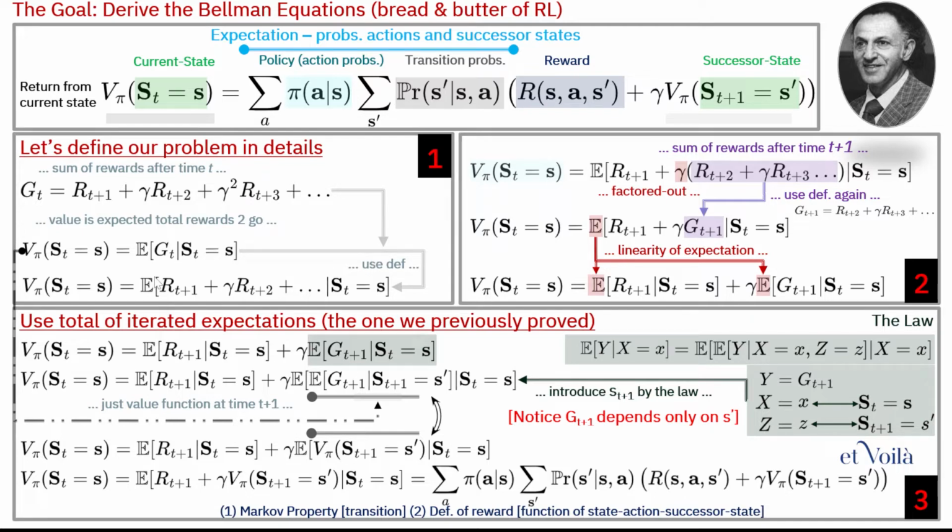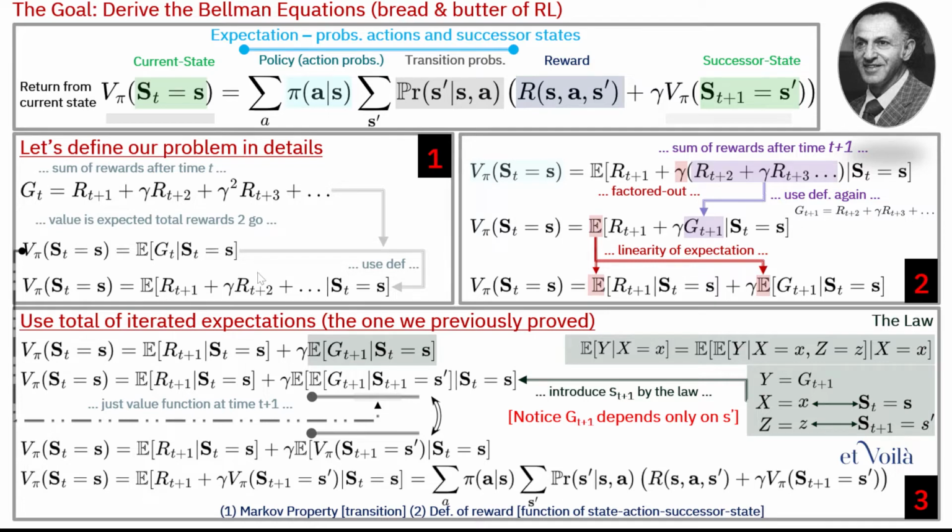Now, let's have a roadmap in mind. Our goal is to write this value of S_t as some, let's say, complicated function of the value of S_{t+1}. We defined the value of the state S_t as the expectation of G_t given S_t equals s. So the value of S_{t+1} is nothing but the expectation of G_{t+1} given S_{t+1} equals s.